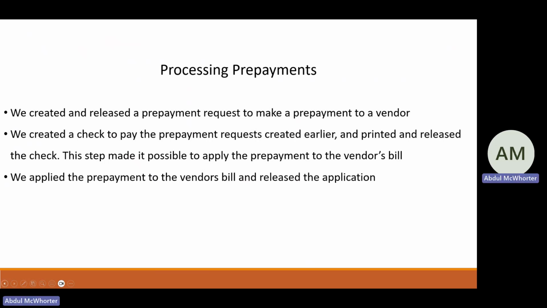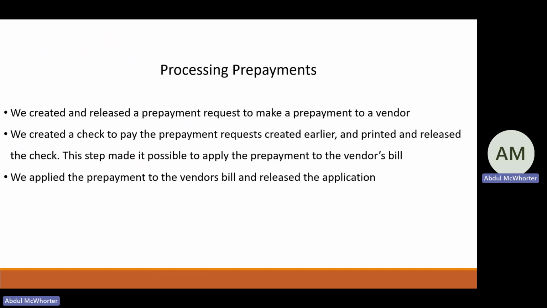And so let's just continue moving into the final portion of this demonstration, and that will be the second portion of processing prepayments. In this case, we'll be entering a vendor refund for a prepayment that we initially made.